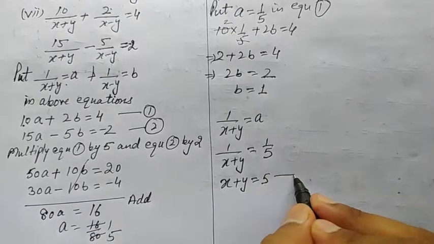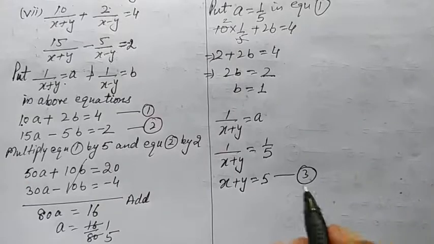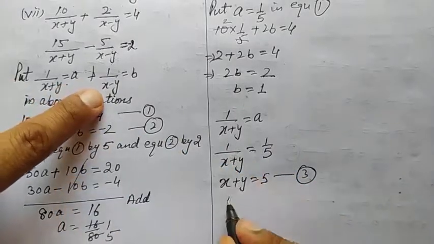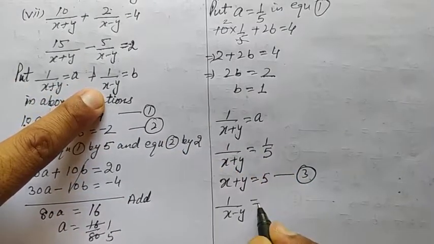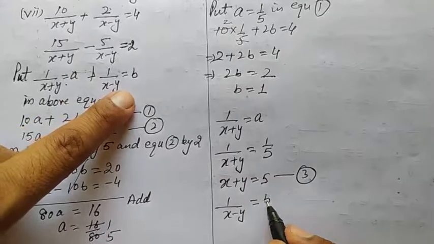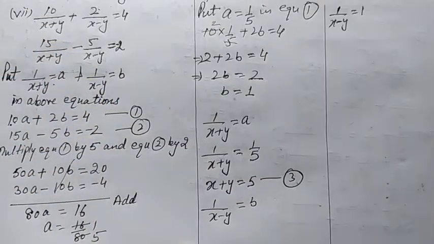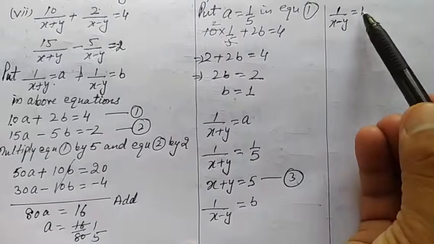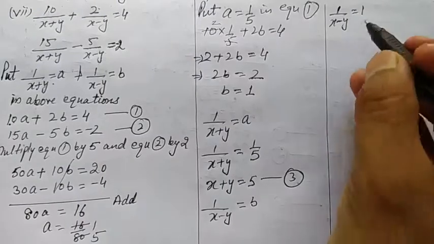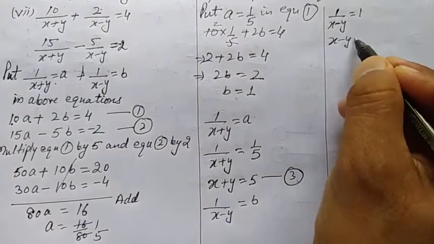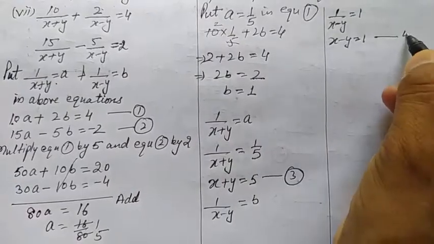Suppose this is equation number 3. Further, it is 1 over x minus y as b, so it becomes 1 over x minus y as 1, because b is 1. So cross multiply, x minus y is 1. This is our equation 4.